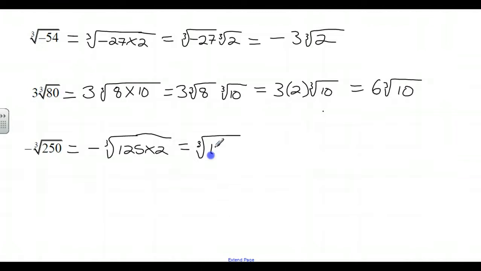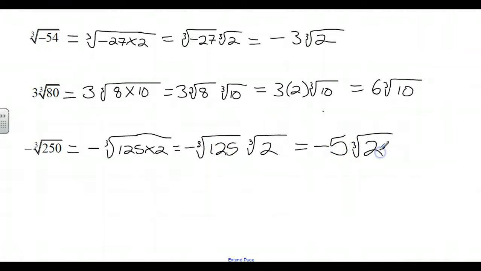Okay, cube root 125, cube root 2, cube root, the negative. Equals negative 5, that's the cube root of 125, cube root 2.